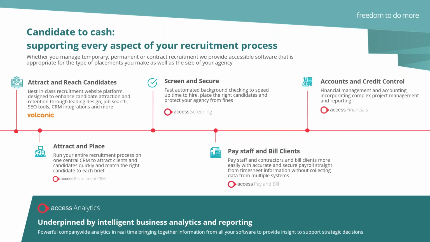Then we have our CRM application, Access Recruitment CRM, which is your whole placement, candidate management and client management tool. Our Access Screening tool is all about right to work, screening of individuals, DBS checking, doing that whole compliance process. Then into Pay and Bill, a product you'll be very familiar with. The Access Pay and Bill application is used to pay about 400,000 workers per annum in the UK. Then that pushes through into finance and accounts. So that's the entire solution that we can now offer within the business.